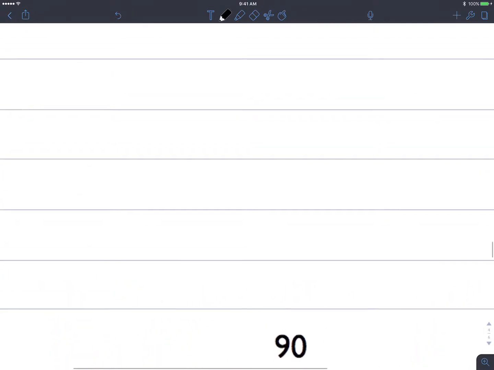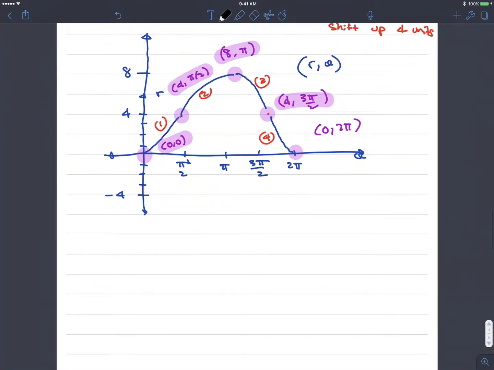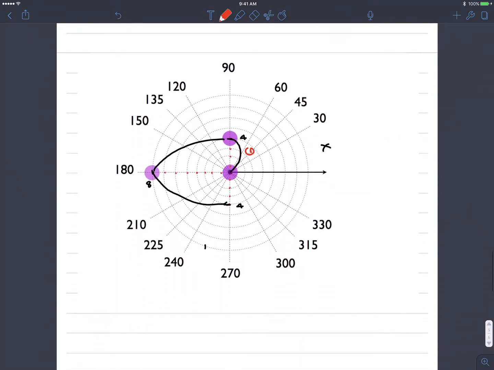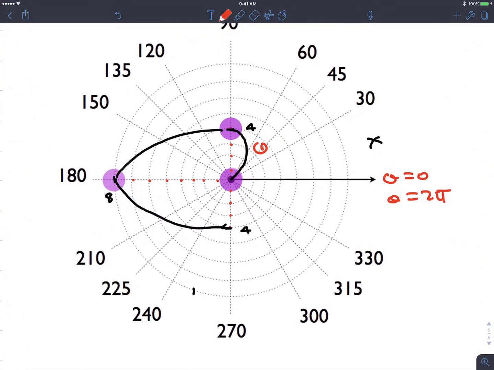Okay, what comes next? How does this curve go now? We're going to go to 0, 2 pi. Radius is 0 now at 2 pi, so where's that at? Back to the pole. Remember, this is theta 0 and this is theta 2 pi, and we're going back to the origin. Back to the pole.